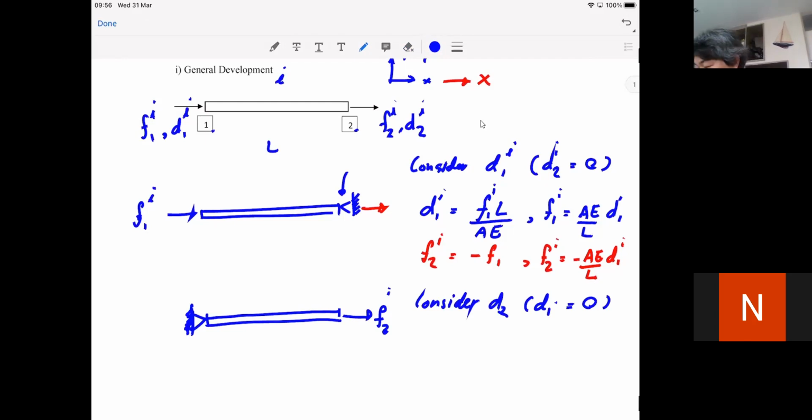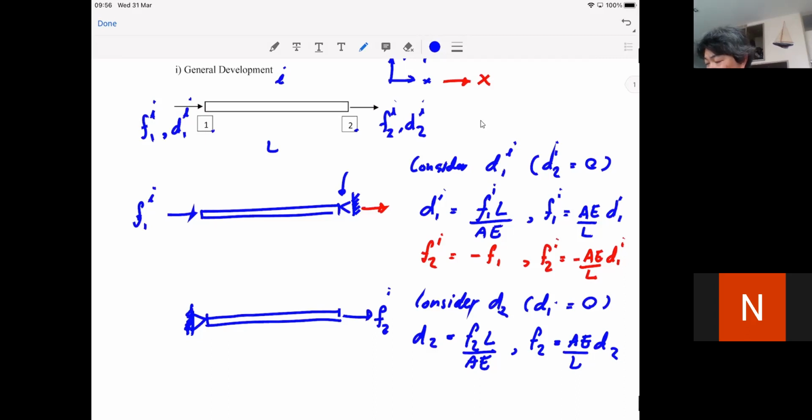Likewise, I get D2 equal to F2 L over AE. And therefore, F2 is equal to AE over L D2.